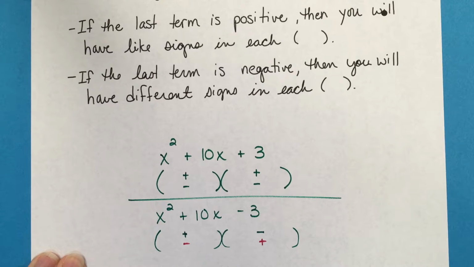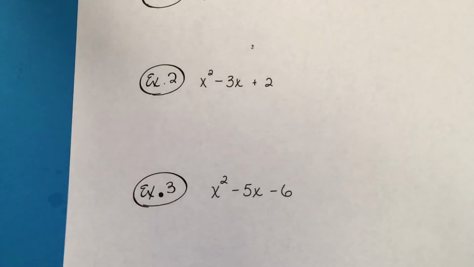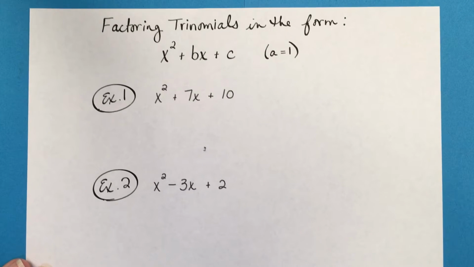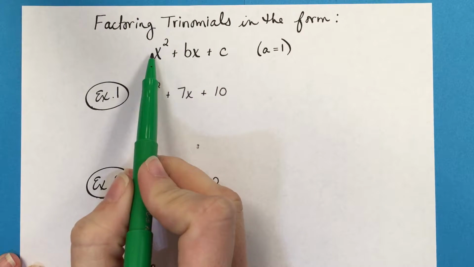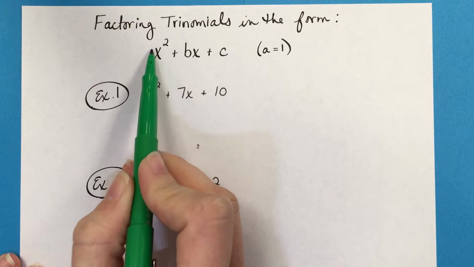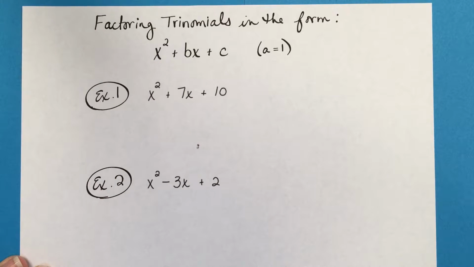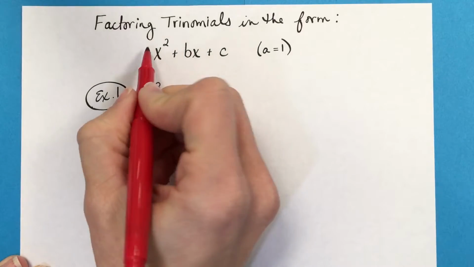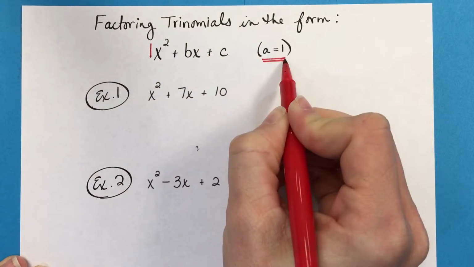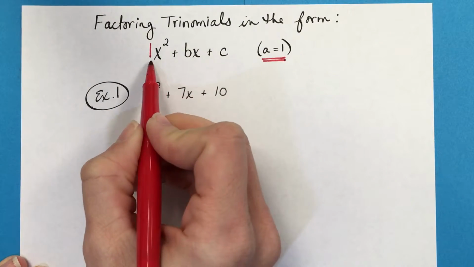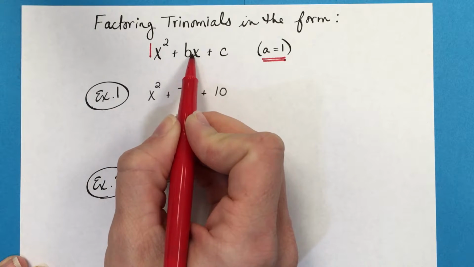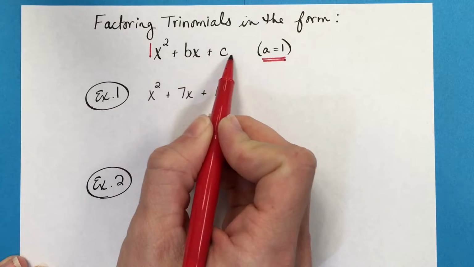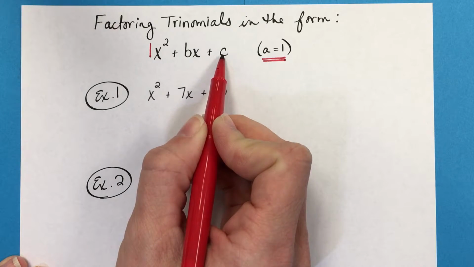All right, the first trinomials that we're going to look at will actually be the easier ones, and that's because the number that you're going to have in front of your x squared is just going to be an understood positive 1, and that's what this statement right here is telling you, because the number in front of x squared is usually referred to as a, the number in front of x is usually referred to as b, and your constant is c.